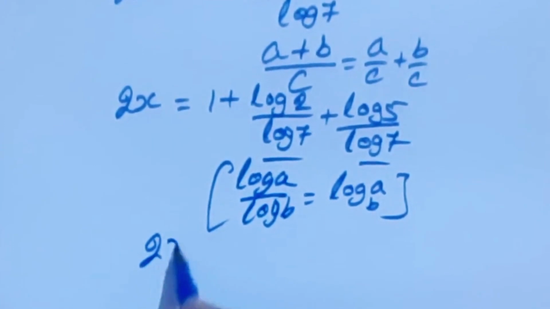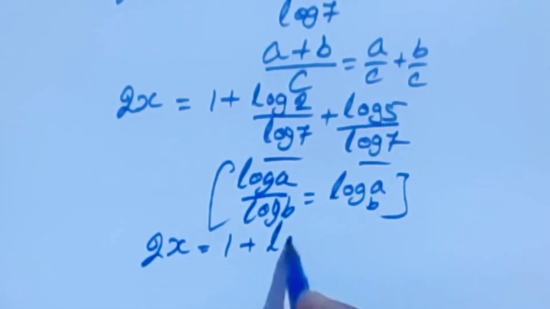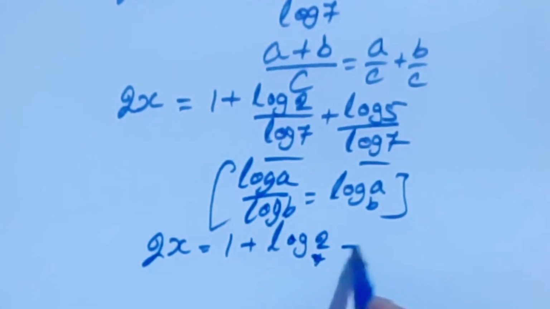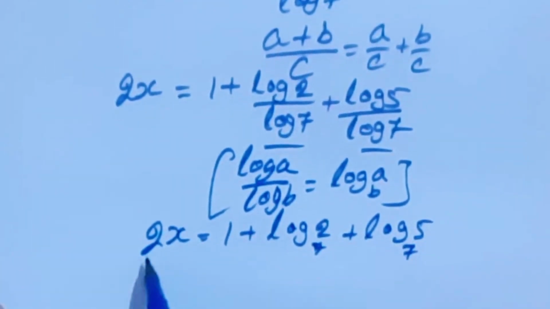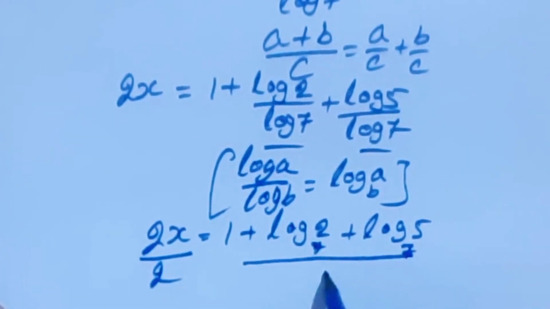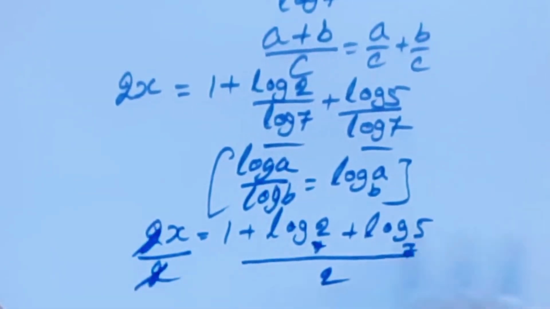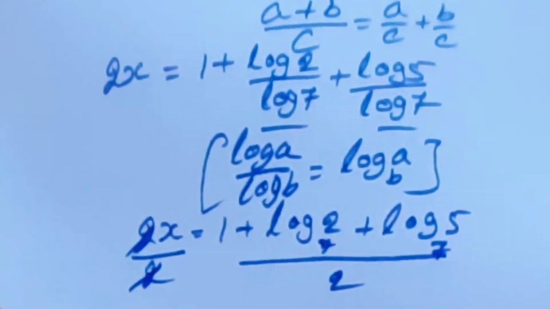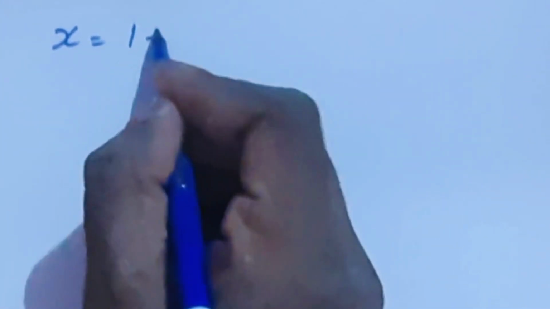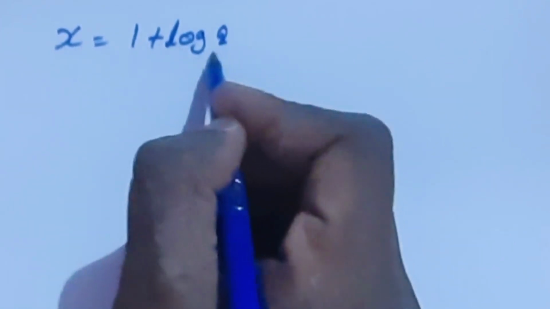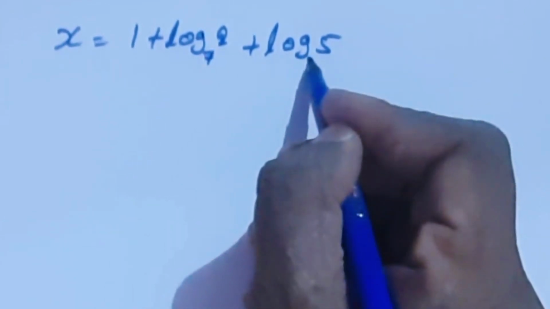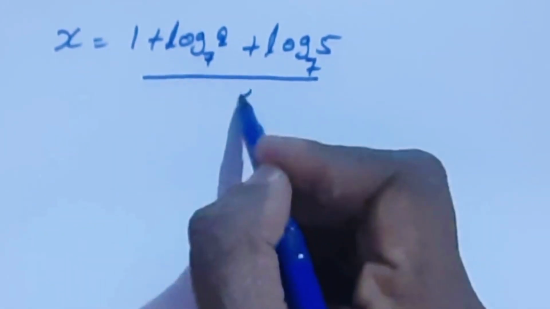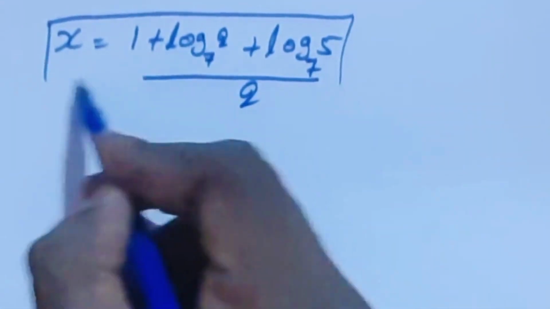So 2x equal to 1 plus log 2 base 7 plus log 5 base 7. Here we are going to divide by 2 on both sides. So this 2 cancels this. Here we have x equal to 1 plus log 2 base 7 plus log 5 base 7 by 2. This is the x value.